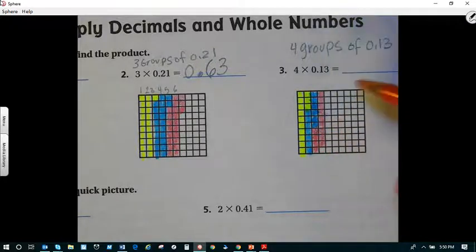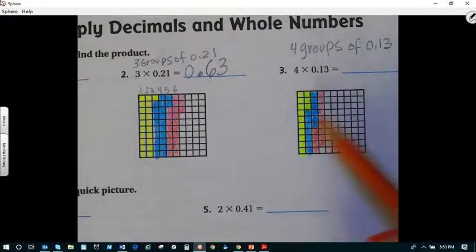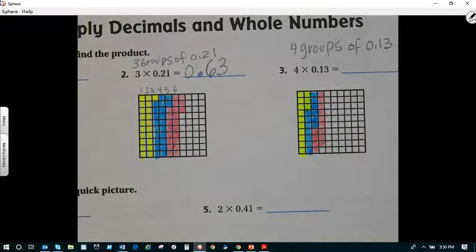This time I did it one by one, just in case the people in the audience were still not sure of what was happening. So now I have 1, 2, 3 groups of my 3 colors.